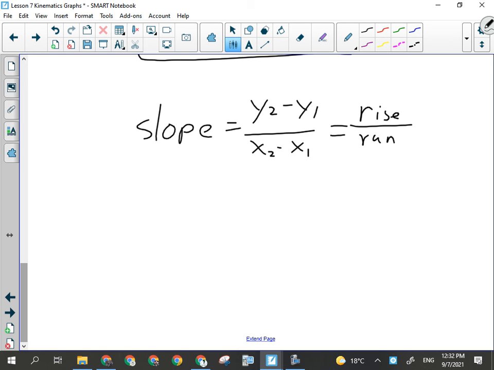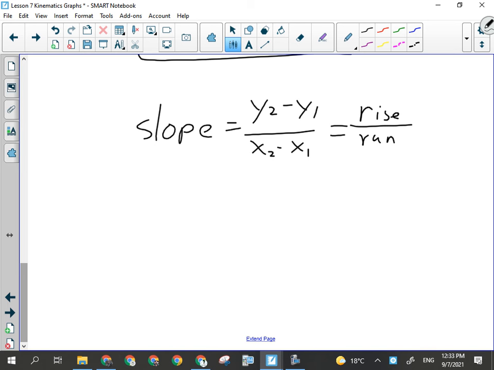Okay. We don't like that formula very much in physics because it's kind of useless other than calculating slope. It's true, it's perfectly valid, but it only really has one good use, and that is to calculate the slope.